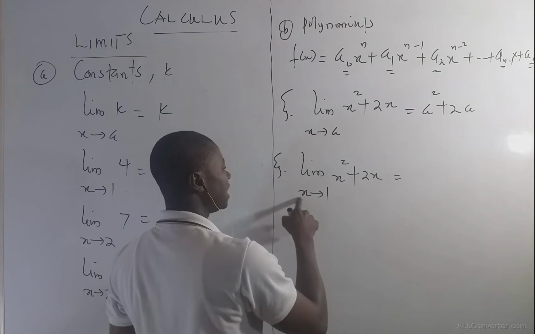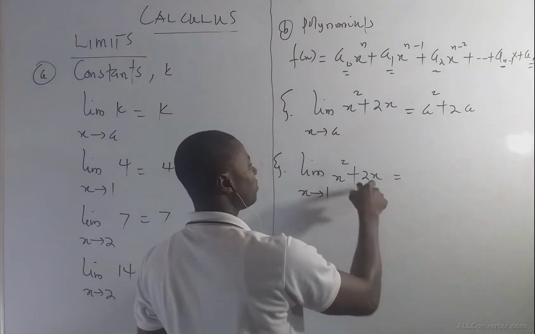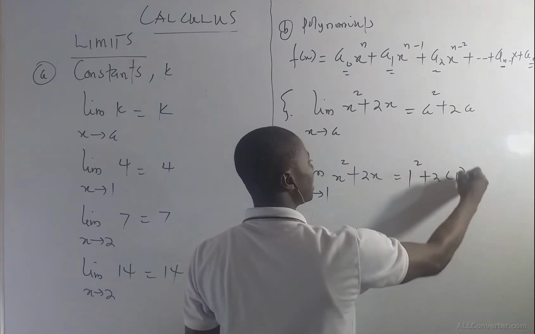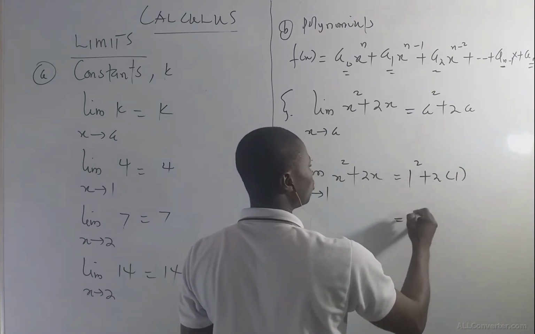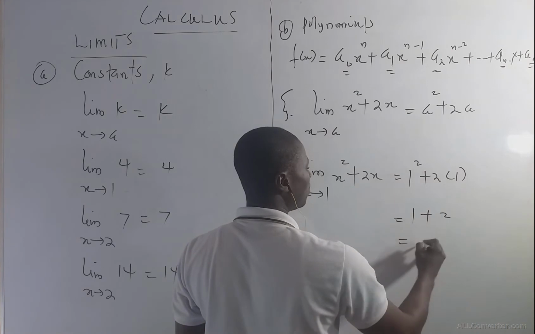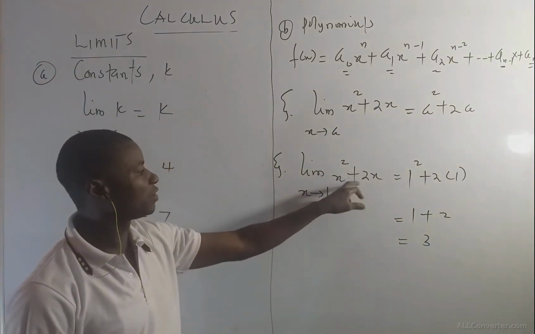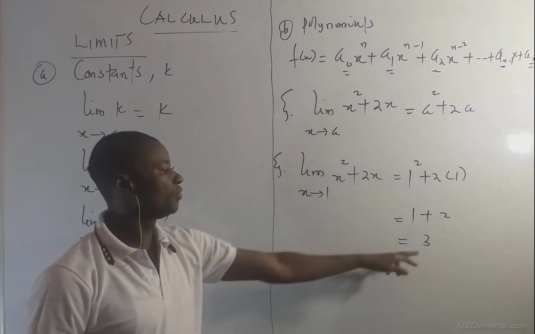This should be 1 squared plus 2 times 1, which is equal to 1 plus 2, which gives you 3. So the limit as x approaches 1 of x squared plus 2x is equal to 3.